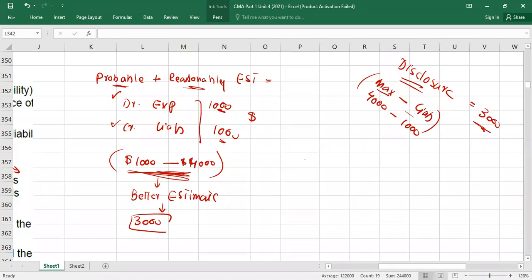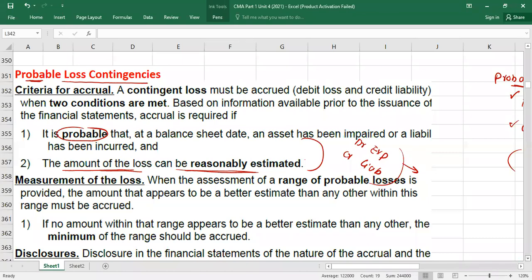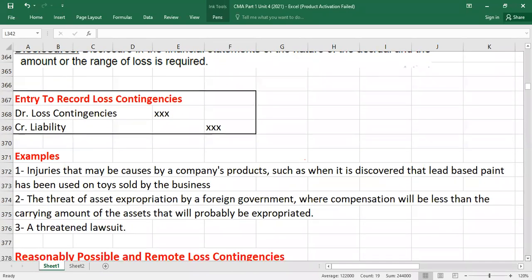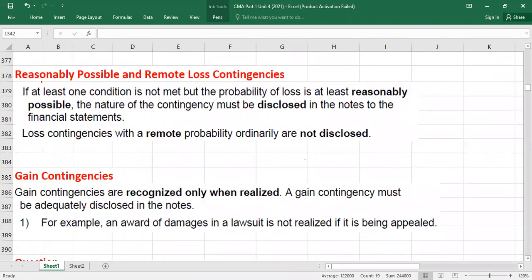Now scenario number 2. If chances are reasonably possible, meaning more than remote but lesser than probable, what to do?